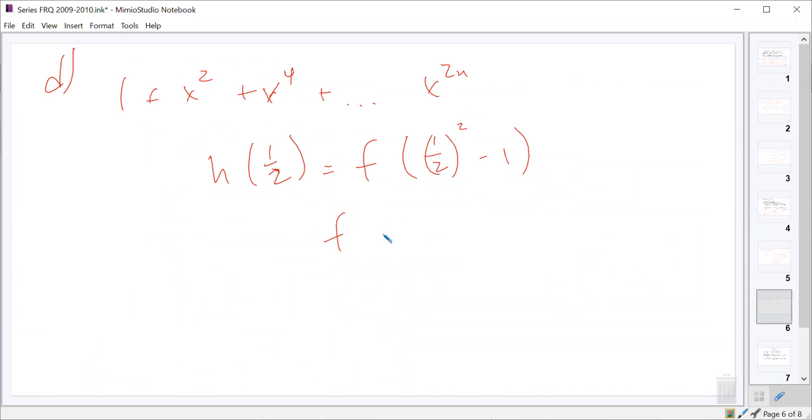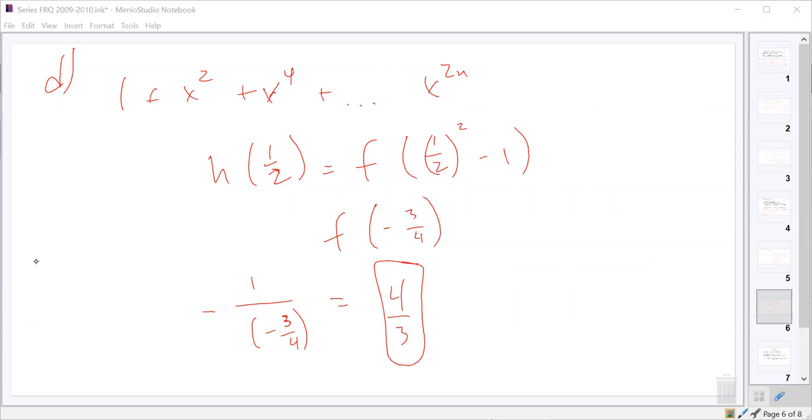That's f of negative 3/4. And f of x was negative 1 over x. So negative 1 over negative 3/4 would be a positive 4/3. And that was worth 3 points. 1 for the terms, 1 for the general term, 1 for the answer.